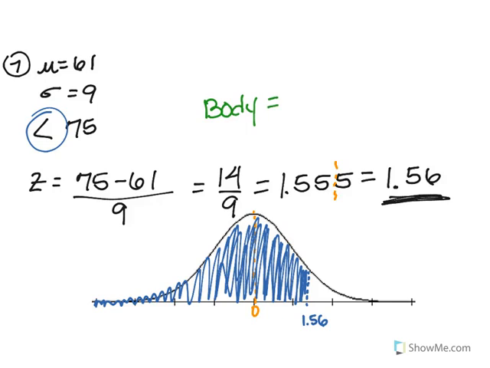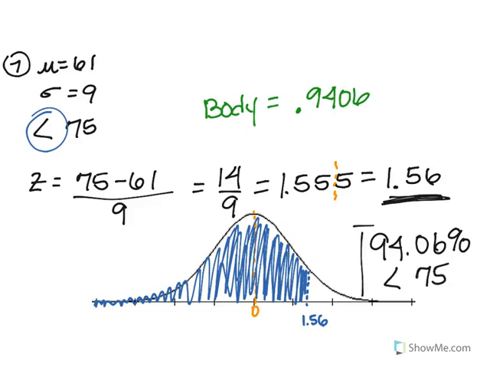So we would look at 1.56 on our table, where body, and that would be 0.9406. So as a percentage, that would be 94.06% of the finishers finish less than 75 minutes.